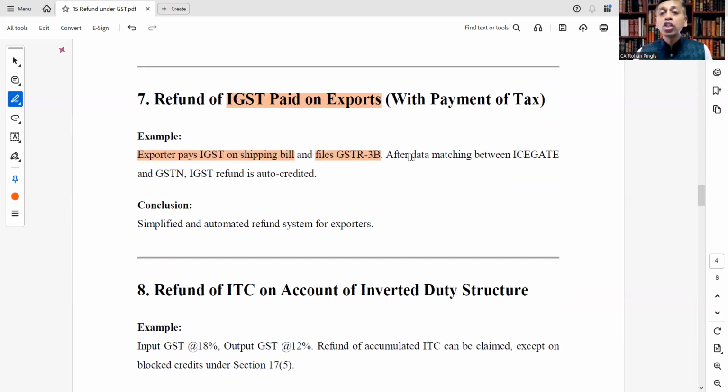After data matching between ICEGATE and GSTN, the IGST refund is auto credited. So the conclusion is a simplified and automated refund system for exporters.